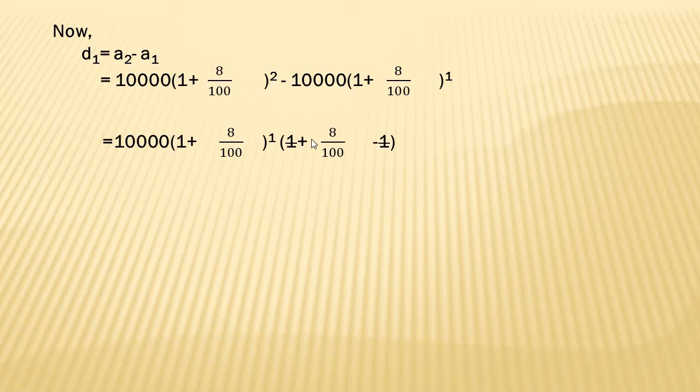So another 1 is remaining inside. So 1 plus 8 by 100. In this case, you have taken everything common, so nothing is remaining. So it's 1 minus 1. Now plus 1 and minus 1 get cancelled, and you're left with 8 by 100. So what you get, the common difference is like this: 10,000 into 1 plus 8 by 100 to the power 1 into 8 by 100.